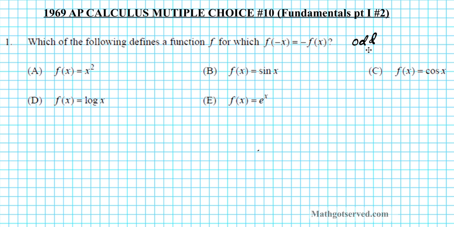Okay? So what is an odd function? An odd function is a function that's symmetric with respect to the origin. Okay? That's the graphical understanding of the oddness of a function. So symmetric with respect to the origin.